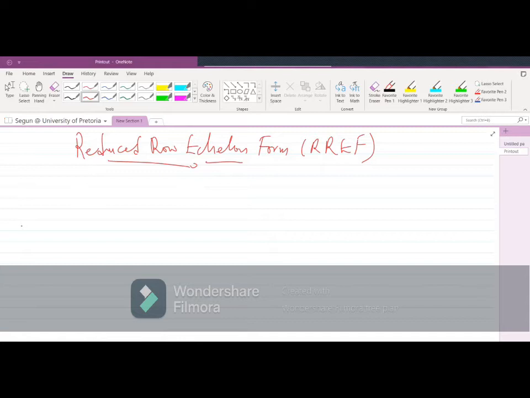One of the properties there for row echelon form says all non-zero rows are above any row of all zeros. Don't forget. Number two, it says each leading entry of a row is in a column to the right of the leading entry of the row above it.